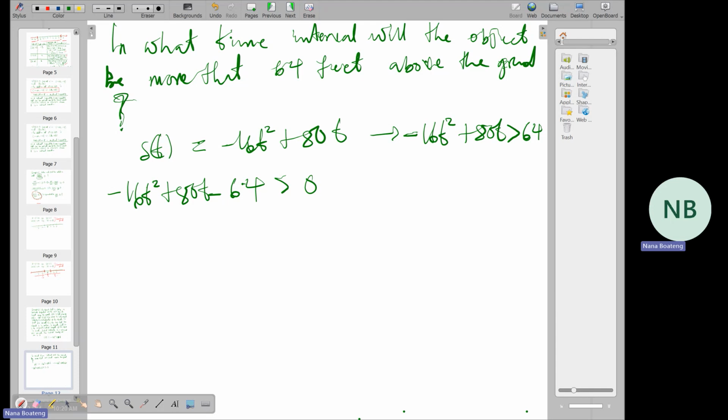So you can see here that we have negative 16t squared plus 80t minus 64. First of all, we can factor out negative 16.